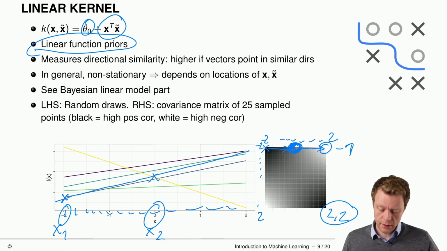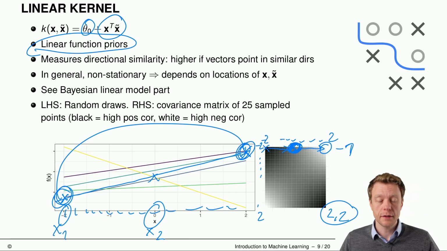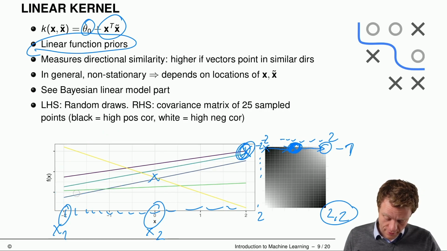There's no uncertainty anymore. And of course, this point and that point are perfectly negative correlated. Of course, the points are not correlated. That's an abuse of speech here, but there are random variables lying under these points.